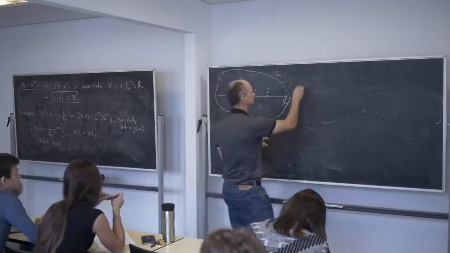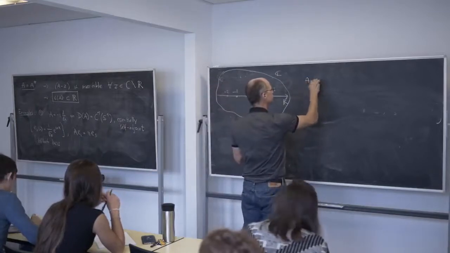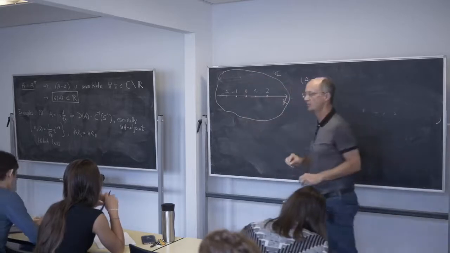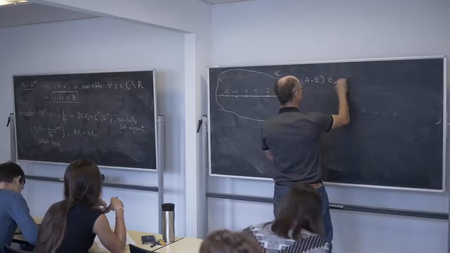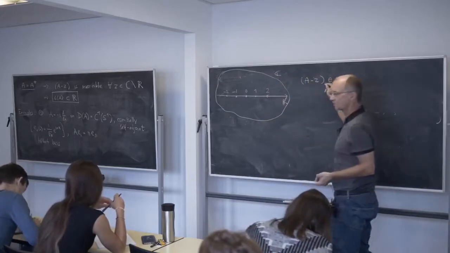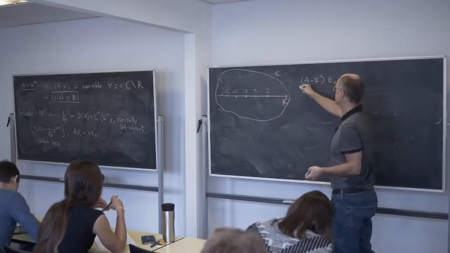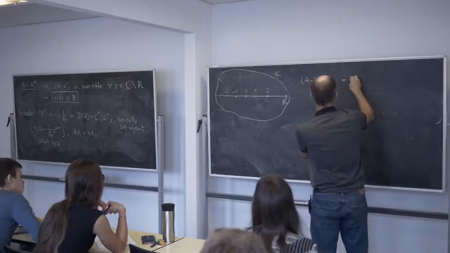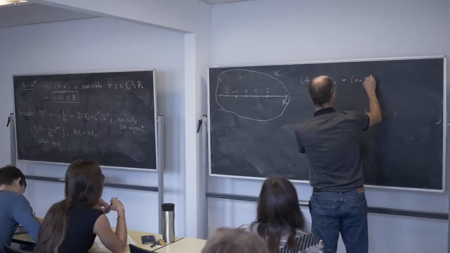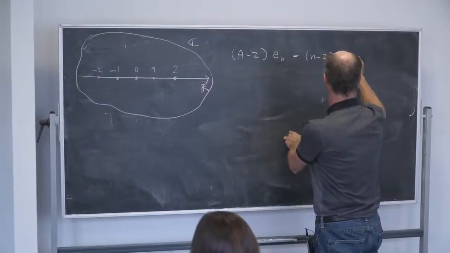So let's look at the operator A minus z. Well, we still have the same Hilbert basis, which is a basis of eigenvectors for A minus z as well, right? So this is n minus z times e_n.